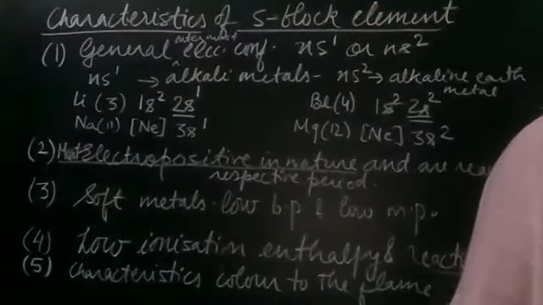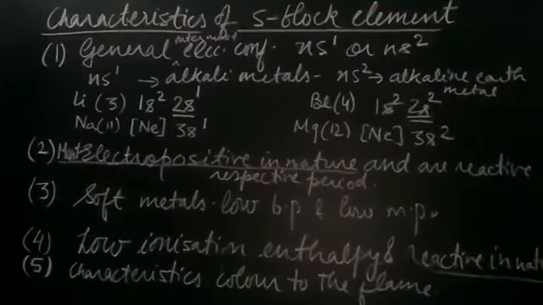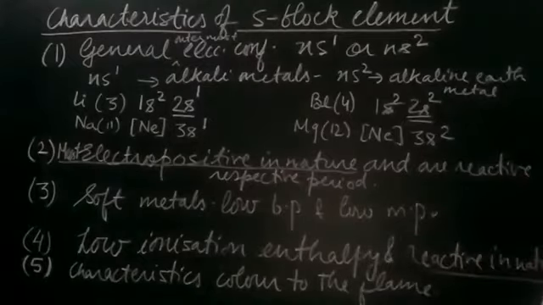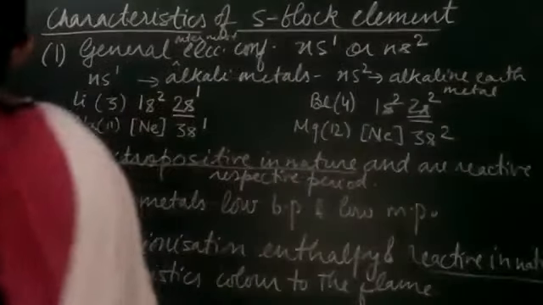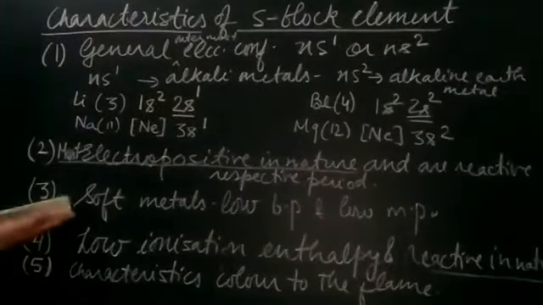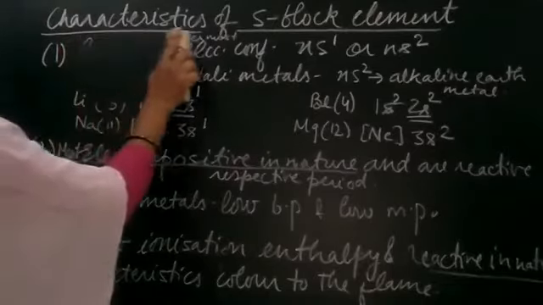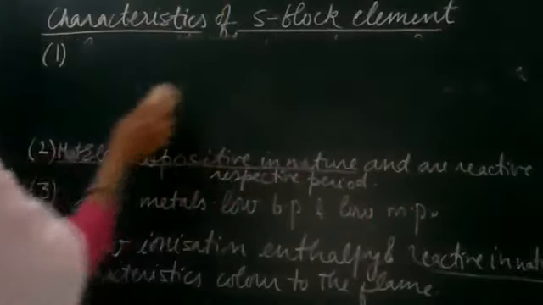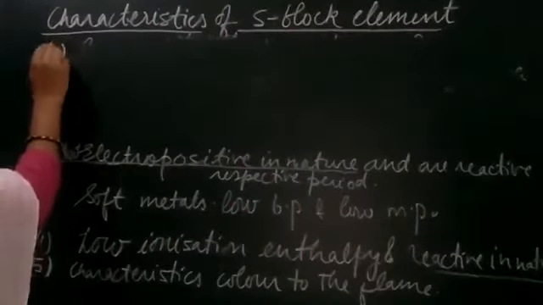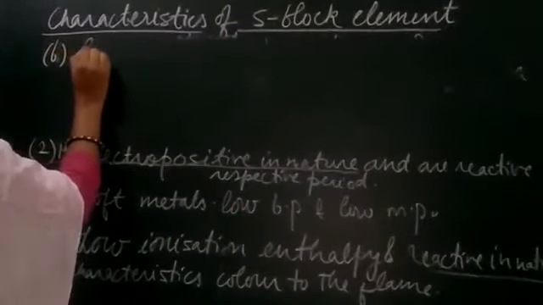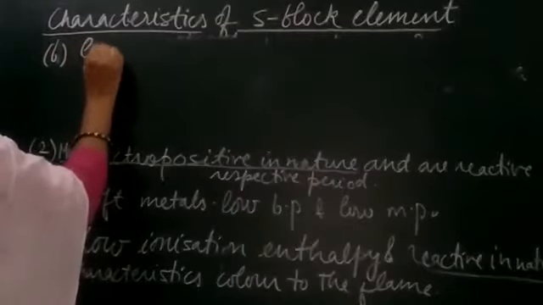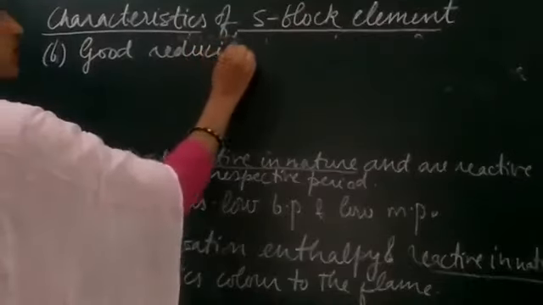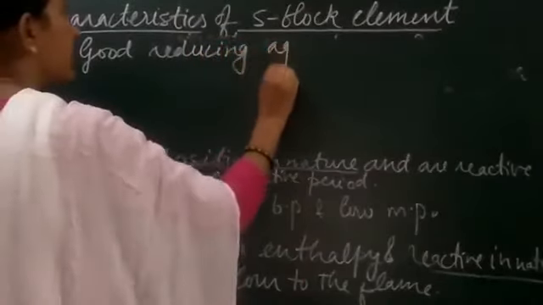Now the next point which you will write is that they are a very good reducing agent, right? The S block elements have a characteristic that they are very good reducing reagent also. So the next point is they are good reducing agent.